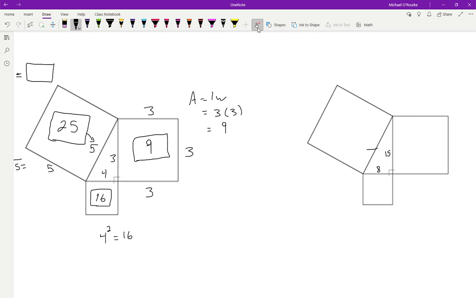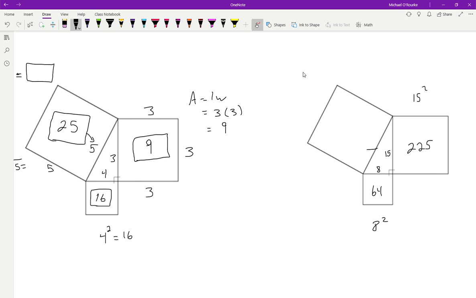I like the answers I'm seeing. So to get the number here, we take 15 and square it, which equaled 225. To get this number in here, we take 8 and square it, which gave us 64.